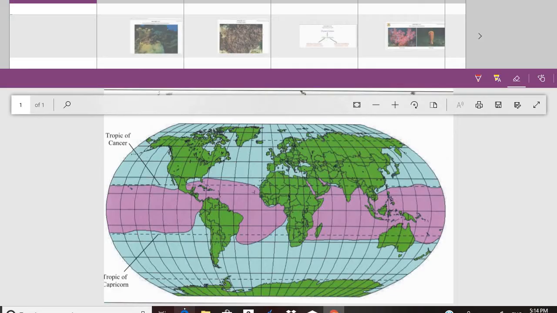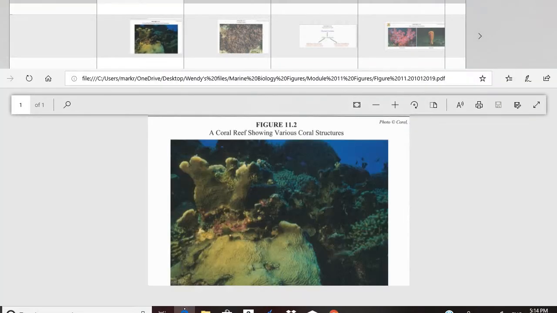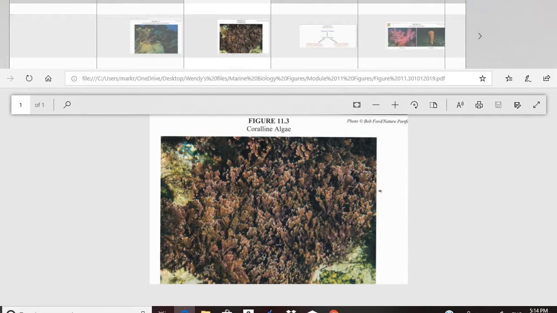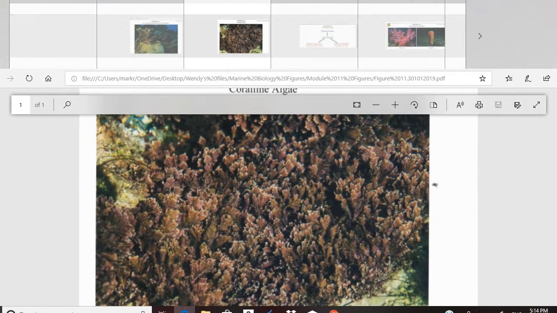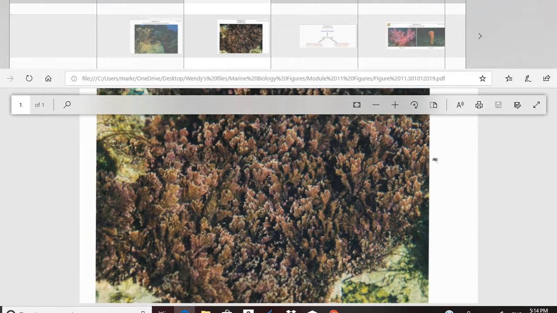So let me show you a picture here. So here's the coralline algae that I talked about.